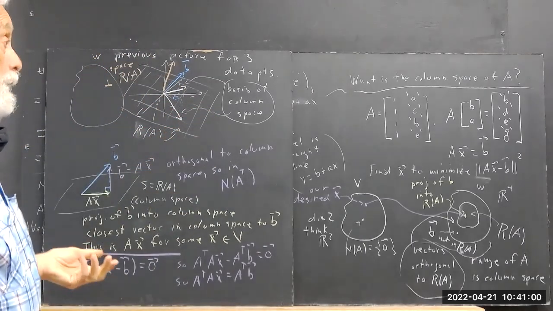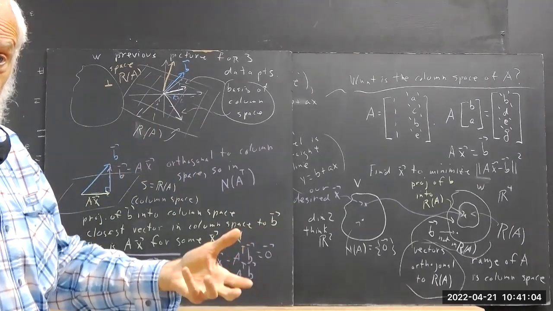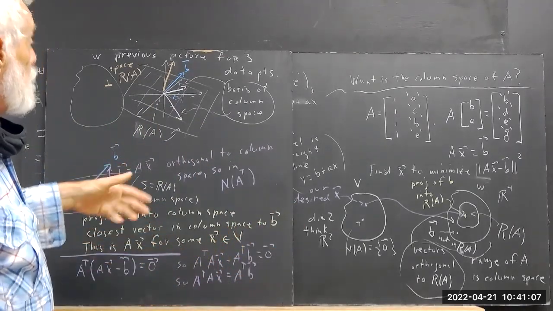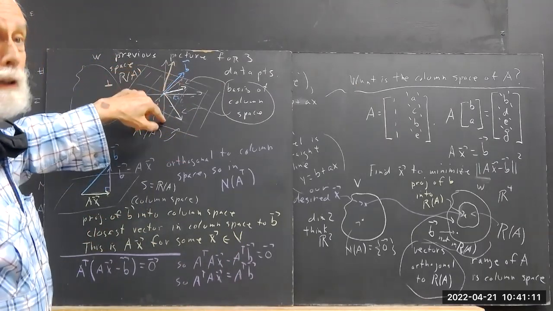Remember also, when you're thinking of lines and planes in 3 space, you're talking about lines and planes that go through the origin, because all your vectors are rooted at the origin.